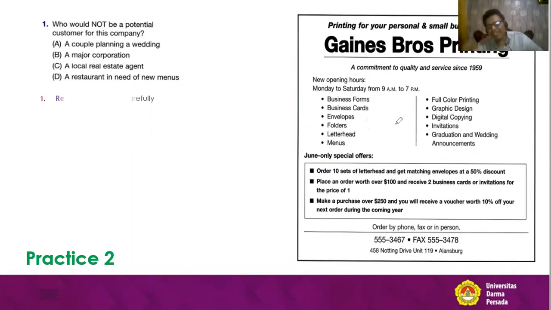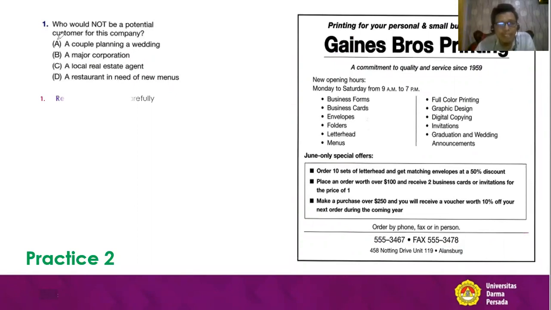You will find this kind of question. Now, do we find the word potential customer in this advertisement? The answer is no. You cannot find the word customer, but you find the synonym or any related words.